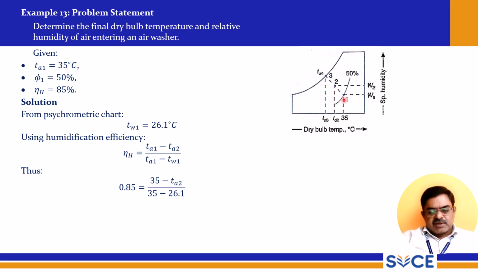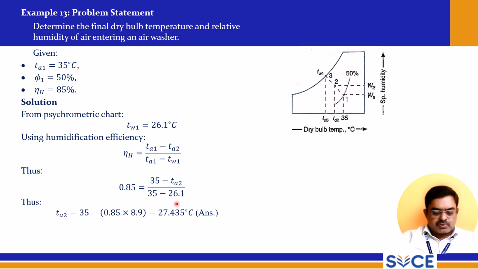From here, W1 at relative humidity 50% we are getting 0.1, and from here we can find out the TW1 as 26.1, and with that we can find out the TA2 value. So TA2 is coming as 27.435 degrees Celsius. So from the psychrometric chart, phi 2 equal to 90%.